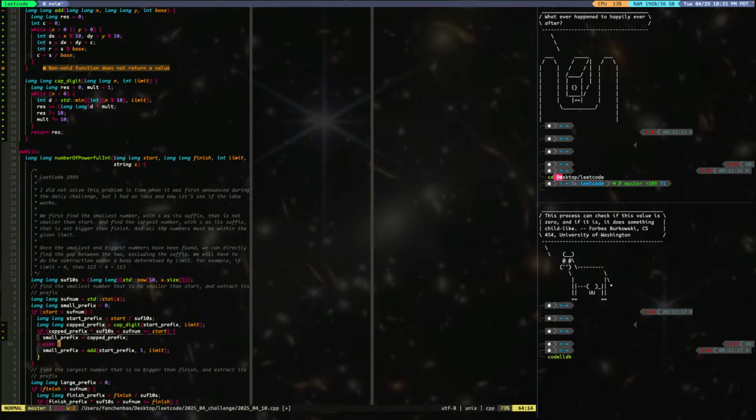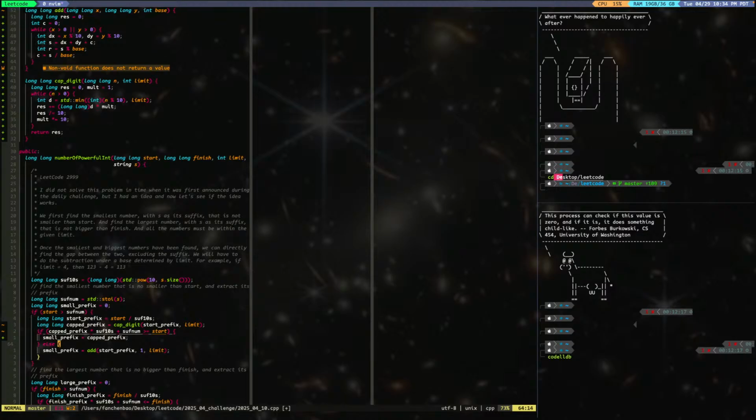Yeah, because you capped it, so the leftmost, if there's a difference, because of your cap, we need to increment on the left, and then that is independent of the suffix.